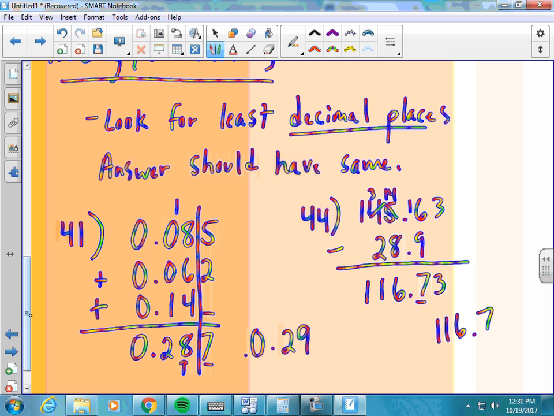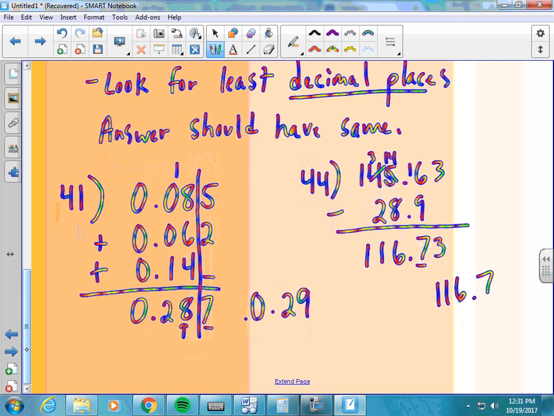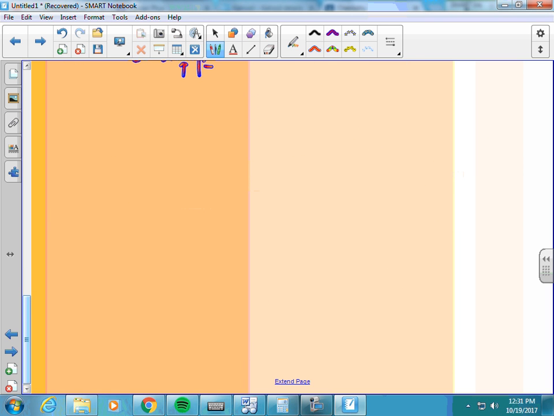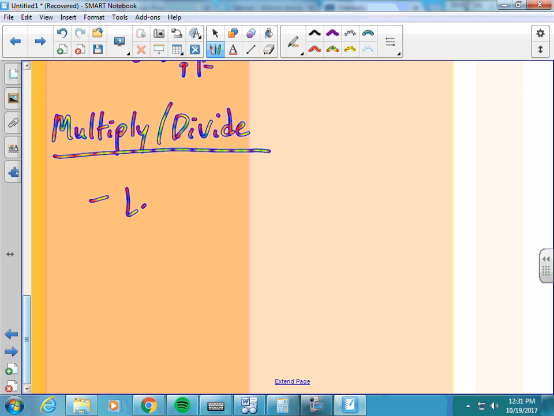Now, with multiplying and dividing, it's actually easier, which is good because this is the one we'll use more often. So this would be at the very bottom, 63 to 76. With multiplying and dividing, instead of looking at the decimal places, it's all about those sig figs.